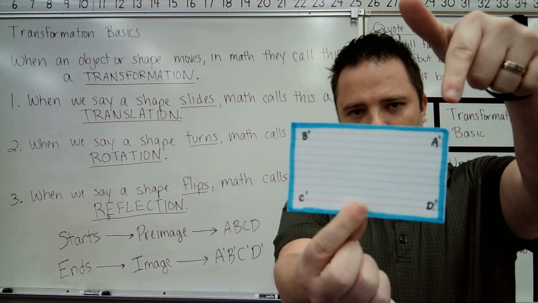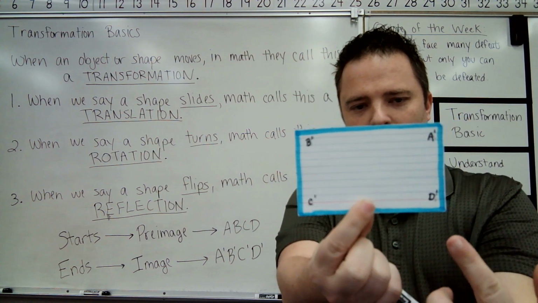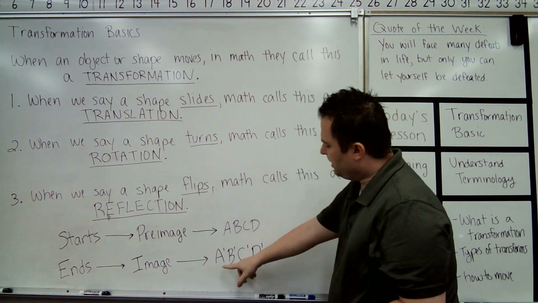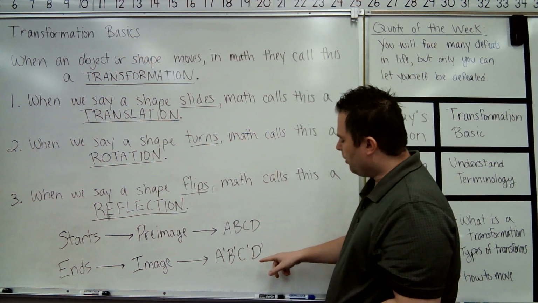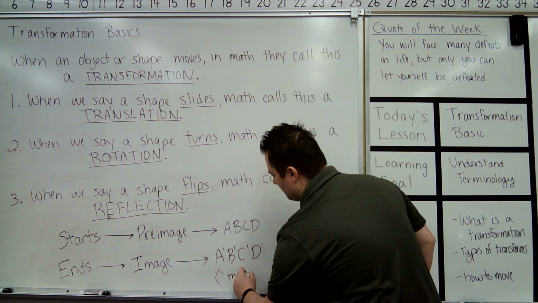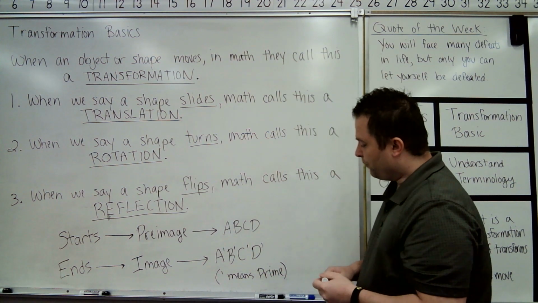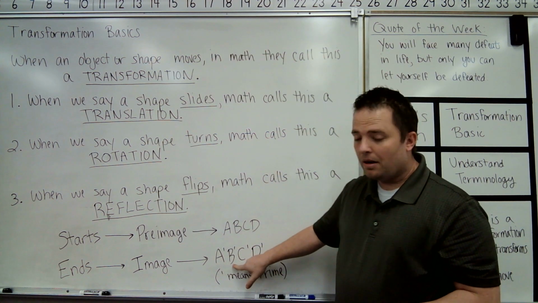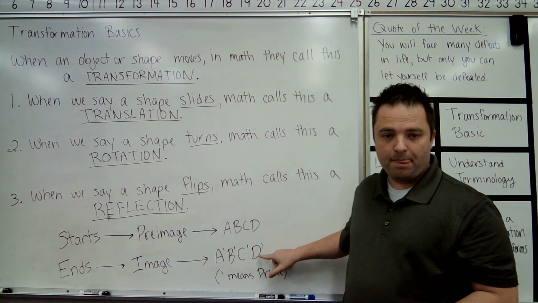But they don't call it apostrophe. That's what it is, but in math, they call this prime. Okay, the apostrophe means prime. So for example, this is A, not apostrophe, this is A prime, B prime, C prime, and D prime.